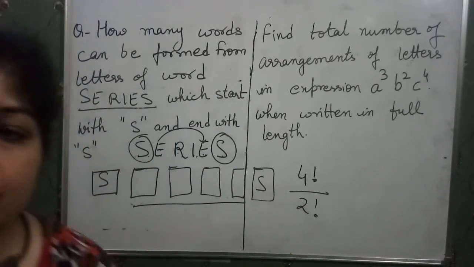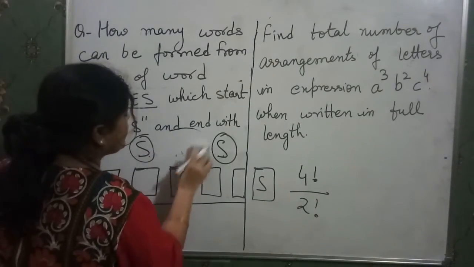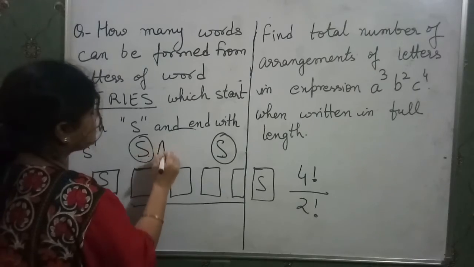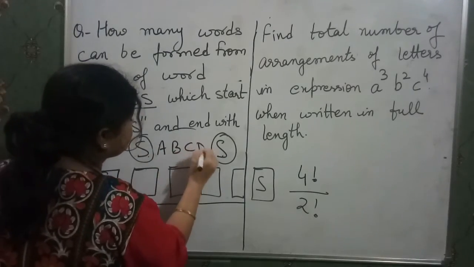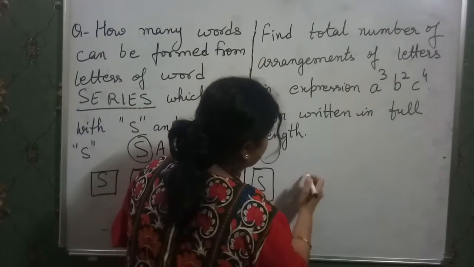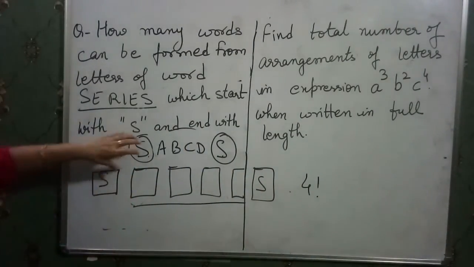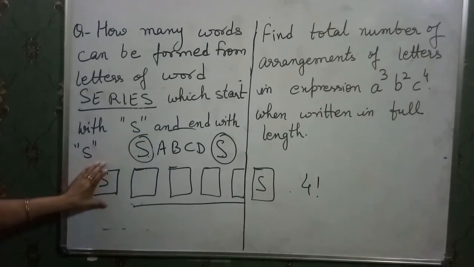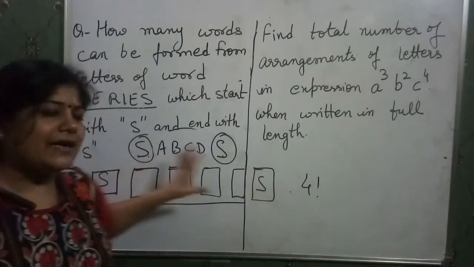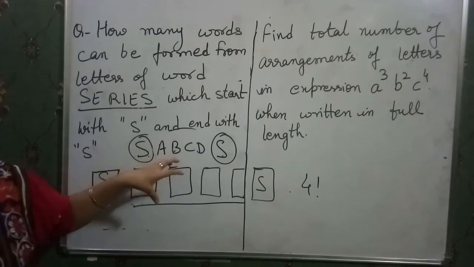For example, we have another combination instead of SERIES where we have letters like A, B, C, D. Then our answer is only factorial 4. I think you got the concept. Clear? So we just fix those letters in the boxes, and the remaining boxes are filled with the remaining letters.